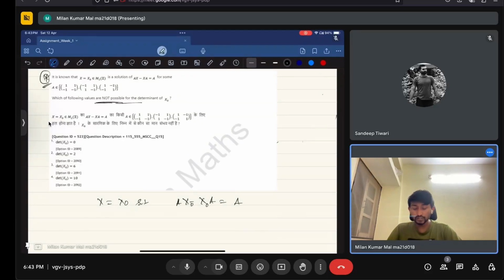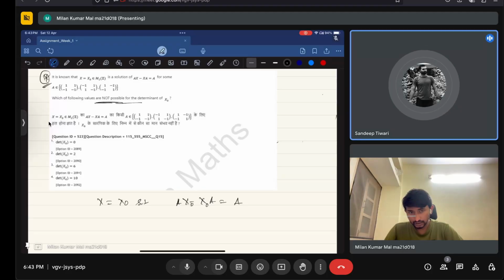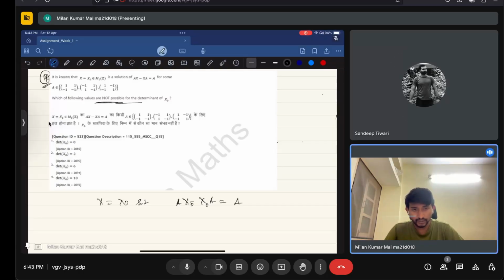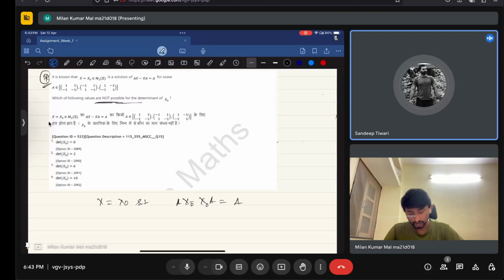Which of the following values can't be the determinant values of X naught? I think determinant of X naught equal to 0 means nullity is non-zero.